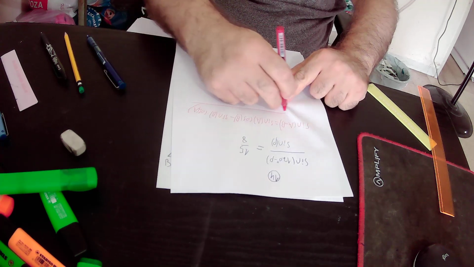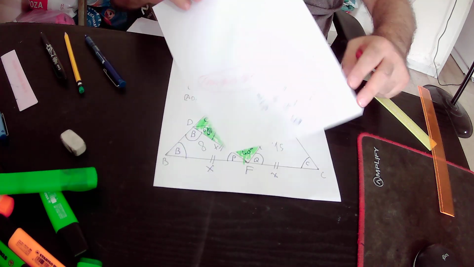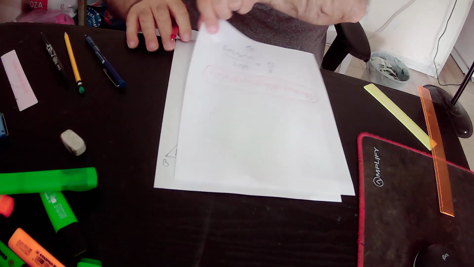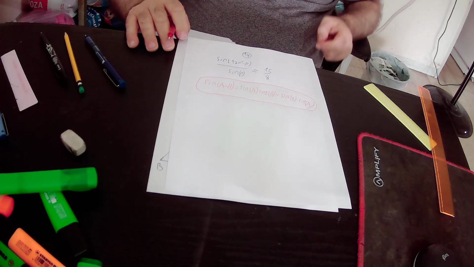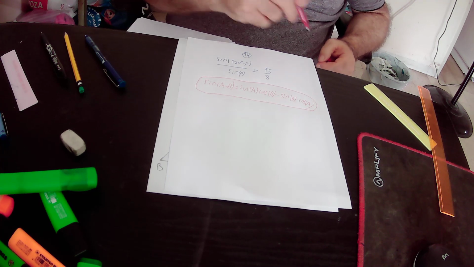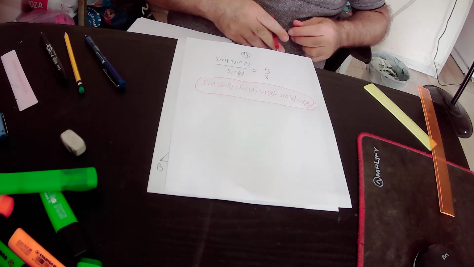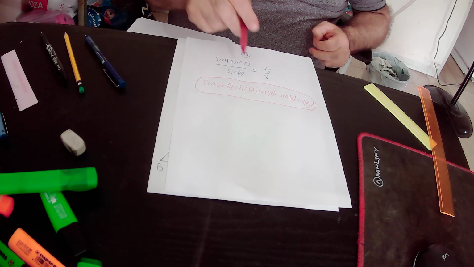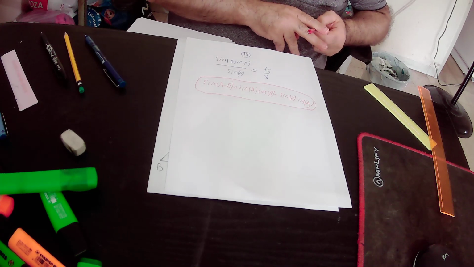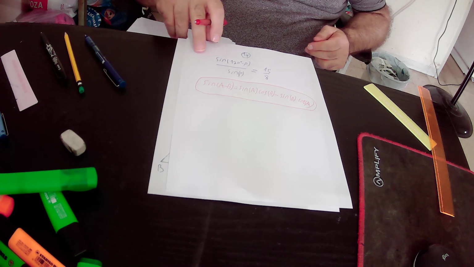Again, sine a minus b equals sine a times cosine b minus sine b times cosine a. So we'll use this trigonometric identity in order to calculate the value of sine 120 degrees minus p.